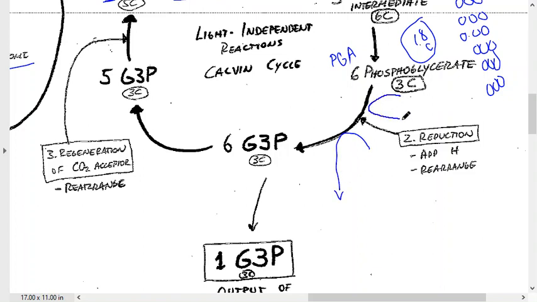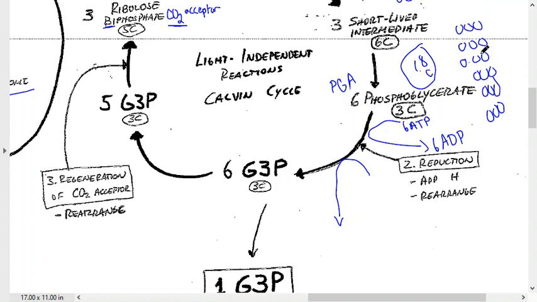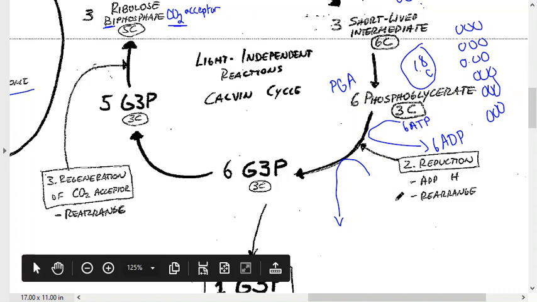And at this point, I'm really just going to go with the bare minimum here. 6 ATPs are going to come in, drop off a phosphate group, and leave as 6 ADPs. So 1 ATP per molecule here. All right, so there's 6 total.